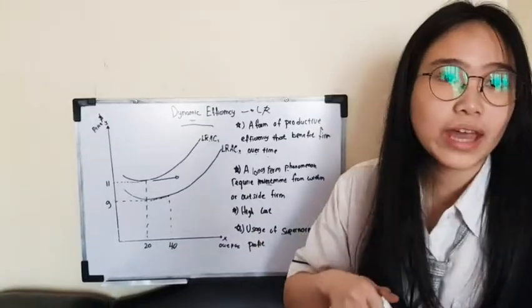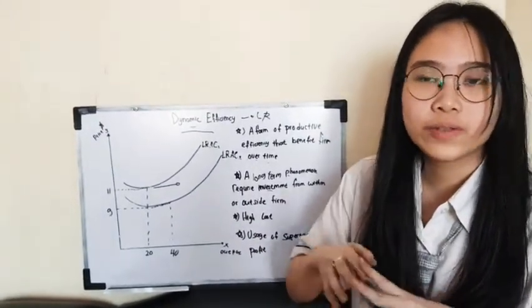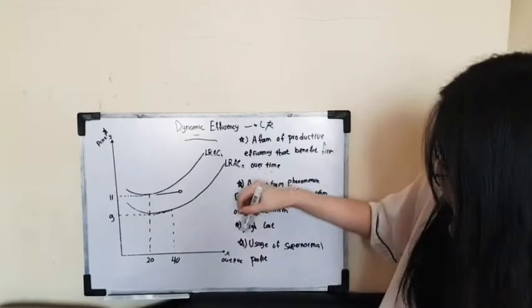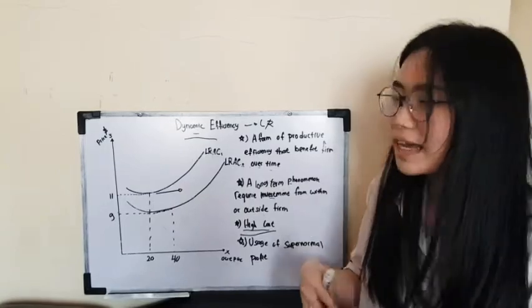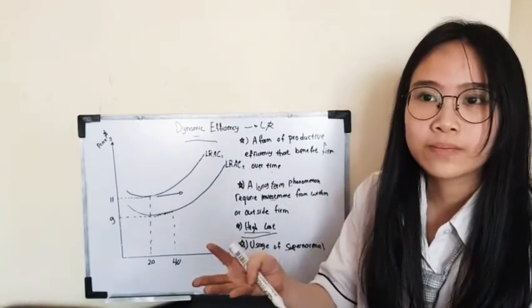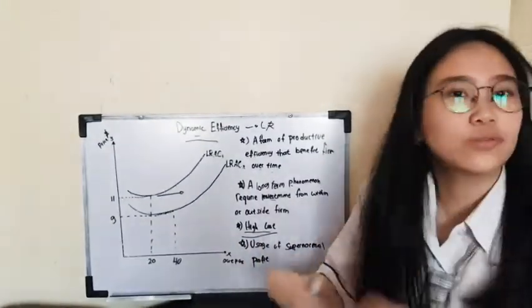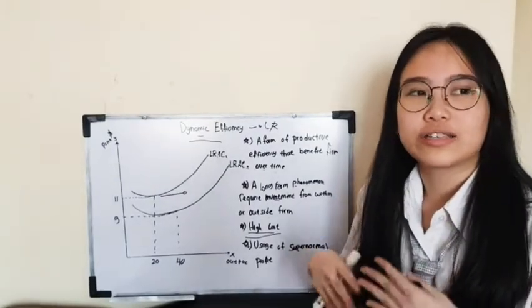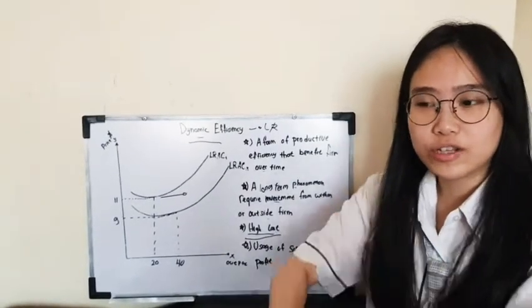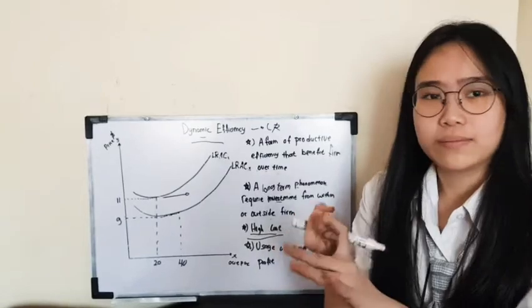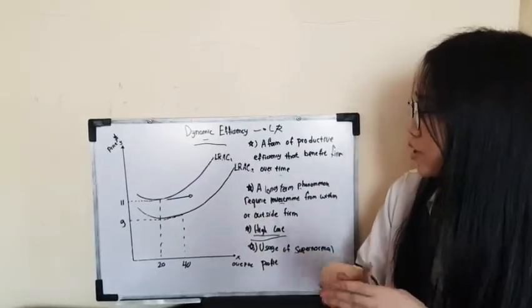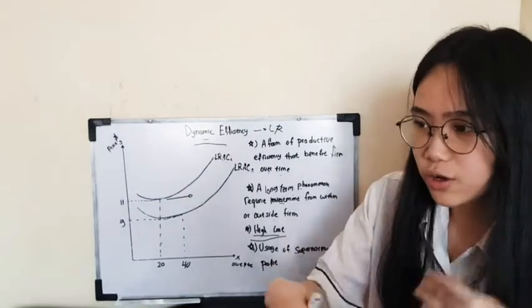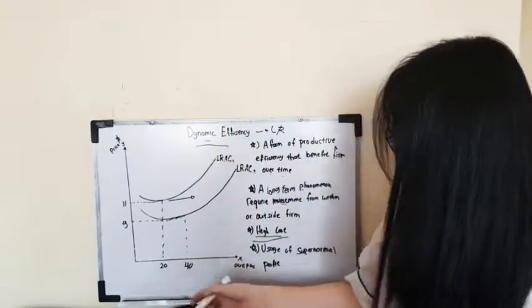This means dynamic efficiency needs a lot of costs, which we can see from the next point, high cost, because it needs a huge capital for us to do research, such as research for new technology or for machinery, in order to increase our efficiency.